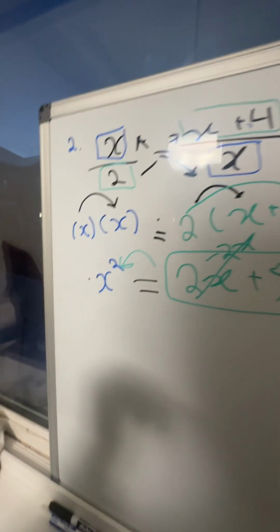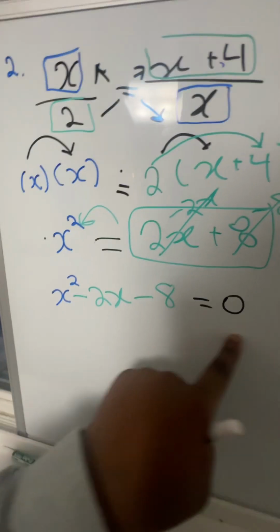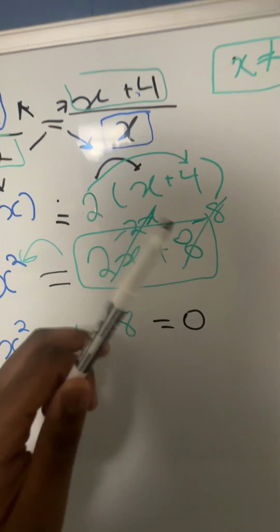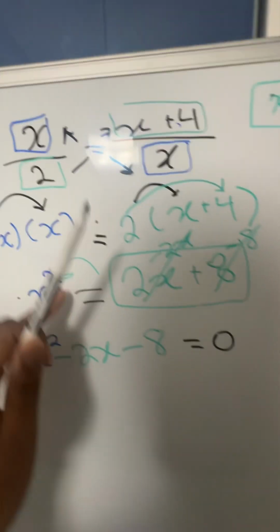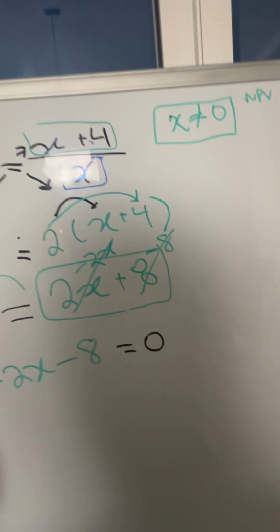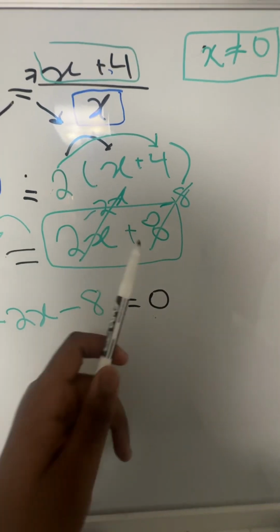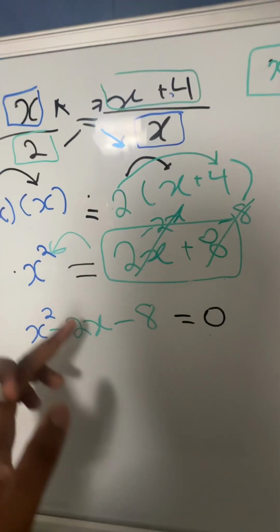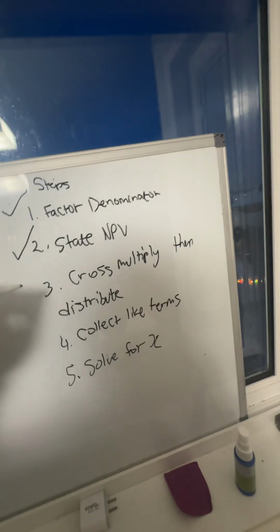So essentially, this is what you're gonna get. When it's like this, you subtract the 2x to move it to this side, and then you also subtract the 8 to move it to this side, so you can make it equal 0. Once you remove these 2, it equals 0, but you've moved it to this side, which is how you get this equation. So I cross multiplied and distributed.